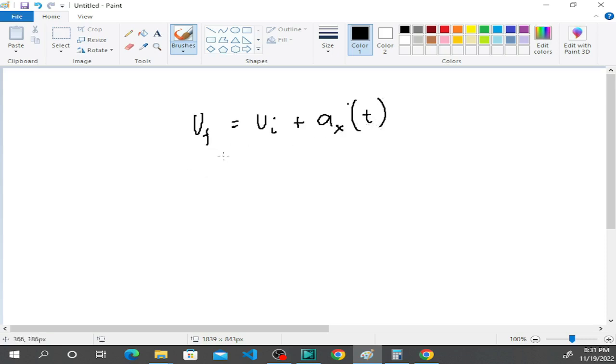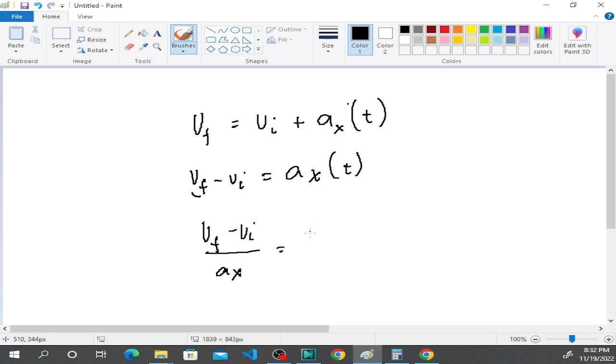The first thing you can do is transpose. We subtract vi from the other side, so vf minus vi is equivalent to a sub x times the value of time. Then we divide both sides by a sub x.